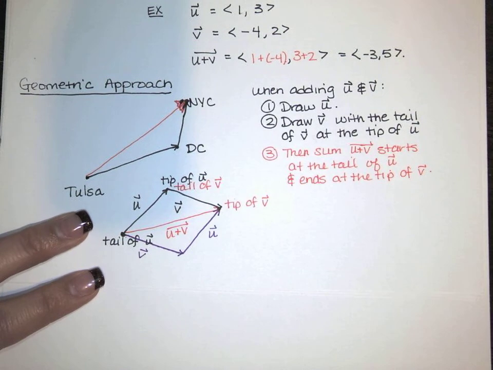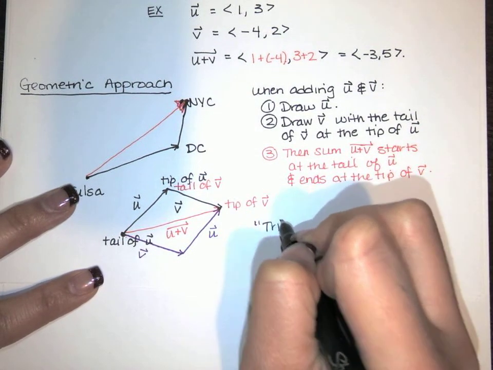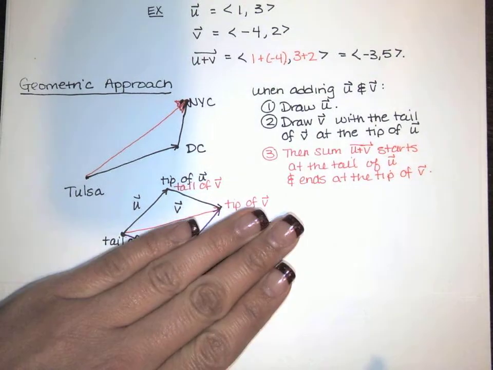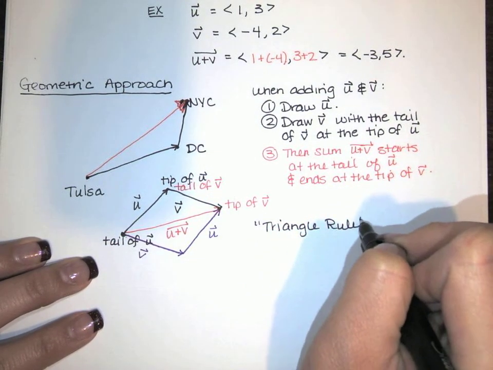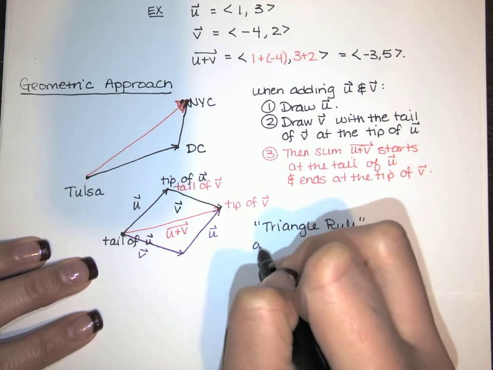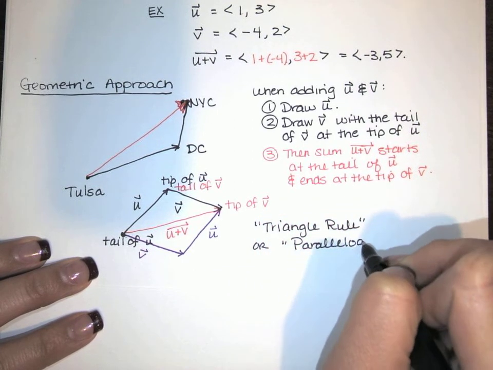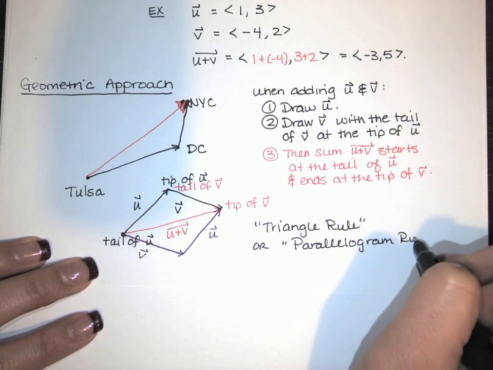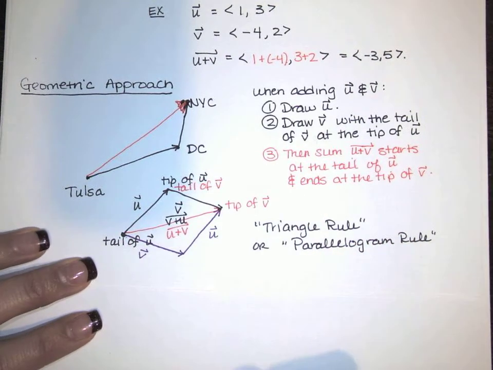Sometimes you'll see this called the triangle rule, when it's just this half. Or you'll see it called the parallelogram rule when it shows both. u plus v and v plus u are the same.